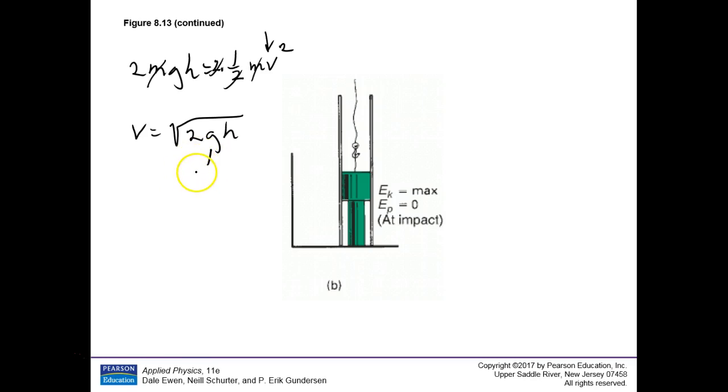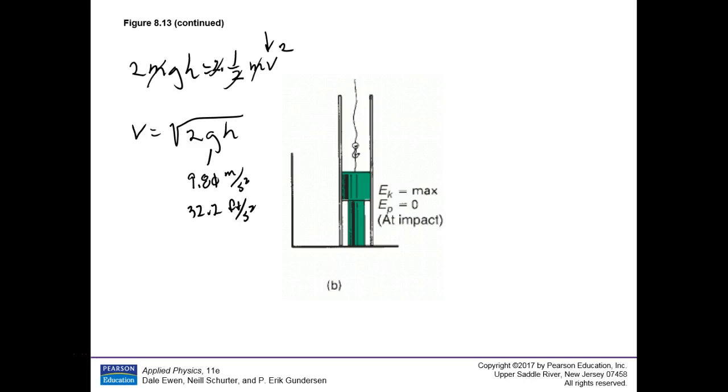Two different numbers depending on what system you're in. It's 9.80 if you're in meters per second squared, or 32.2 if you're in feet per second squared, U.S. customary. And h is the height above the reference level when you first dropped it.